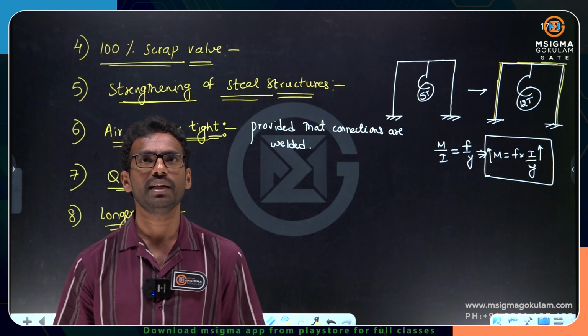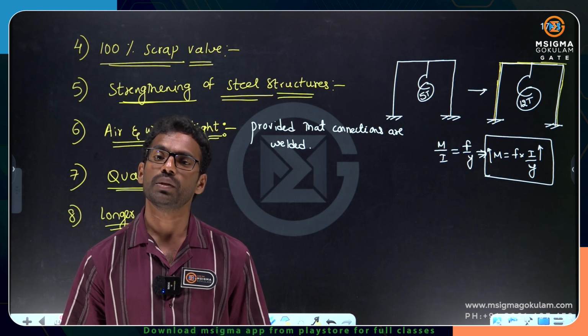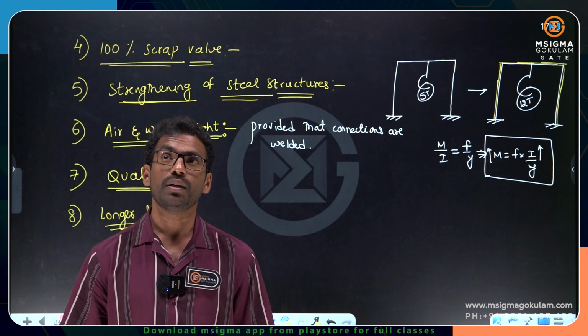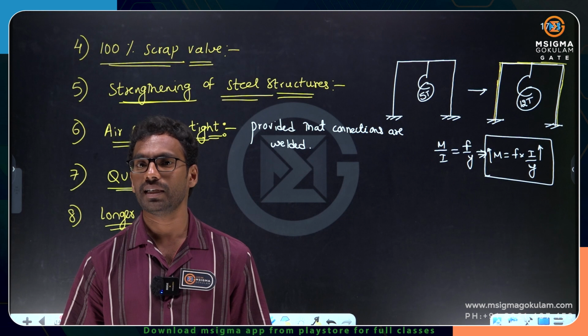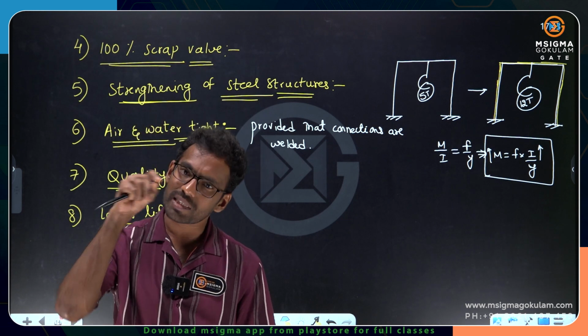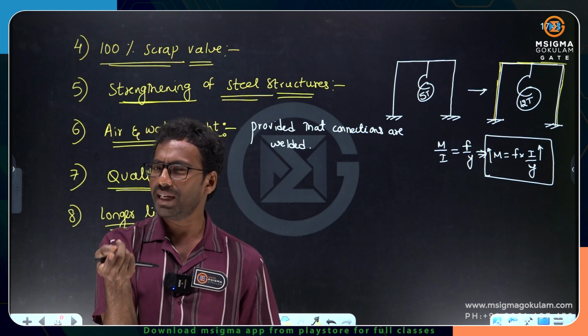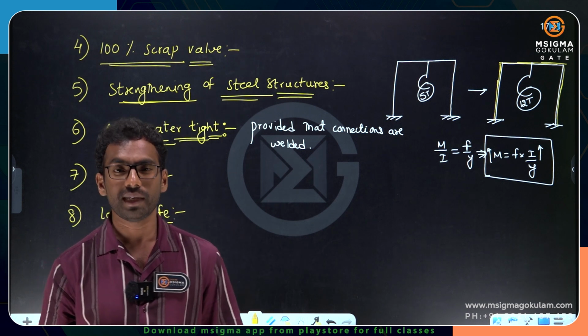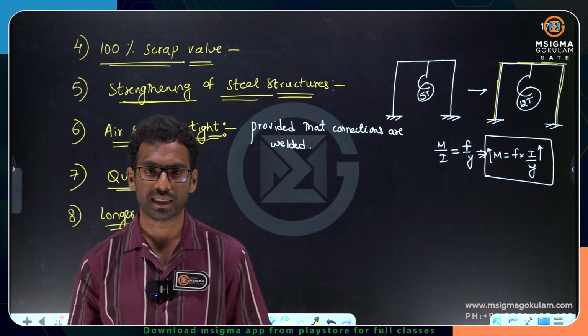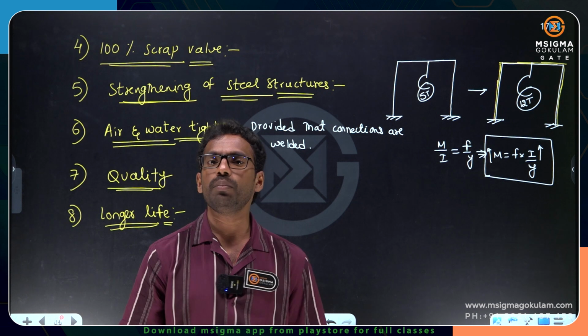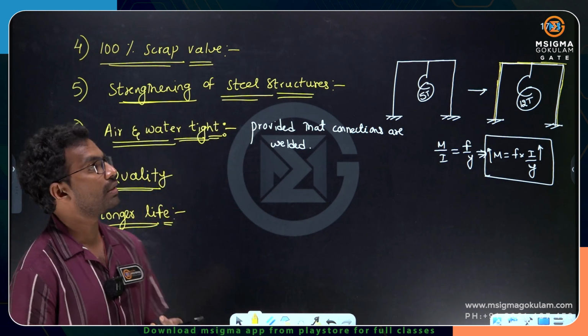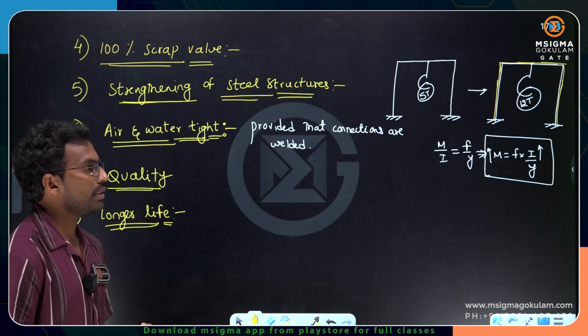It doesn't mean that welded connections are not good. Welded connections are good as well, but finding the exact strength of welded connections may not be possible because internal defects and air voids cannot be found with our available technology. Fine, so that's all about the advantages of steel structures when compared to RCC.